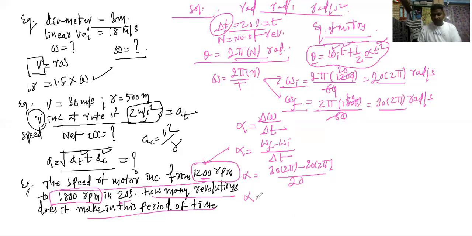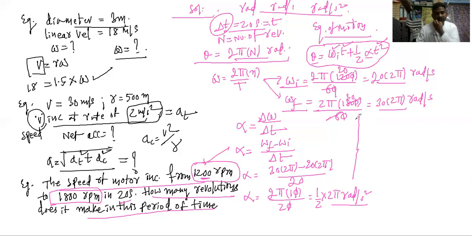So your alpha is equal to 2 pi, if you take common, 30 minus 20 is 10 by 20. So 0, 0 cancel, right? So 1 by 2 into 2 pi radians per second square, because it is angular acceleration.